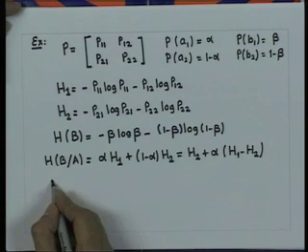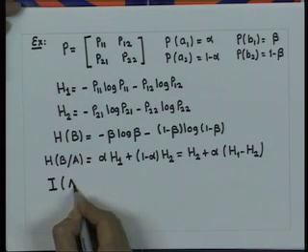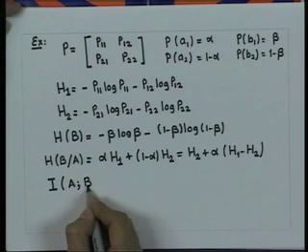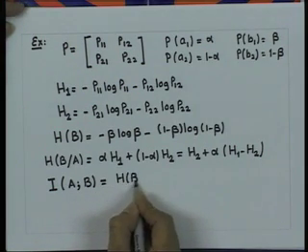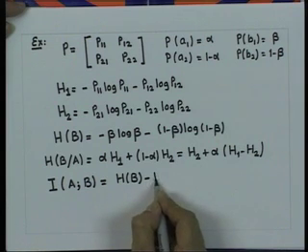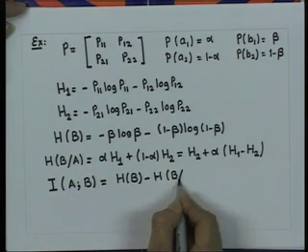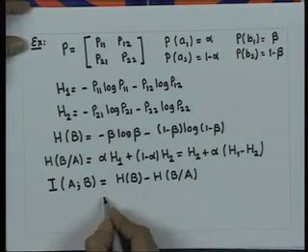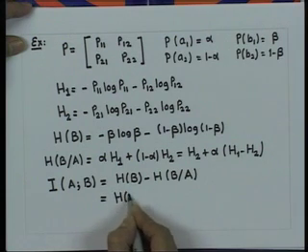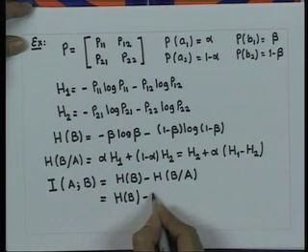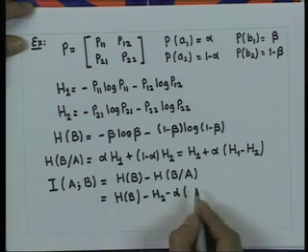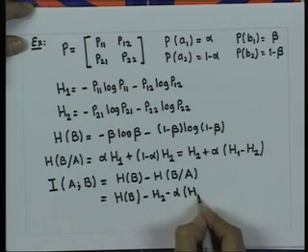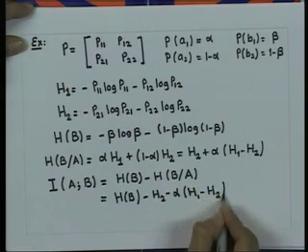Now, for this we get the mutual information I(A;B), which is equal to H(B) minus H(B|A), that is, H(B) minus [H2 plus alpha times (H1 - H2)].